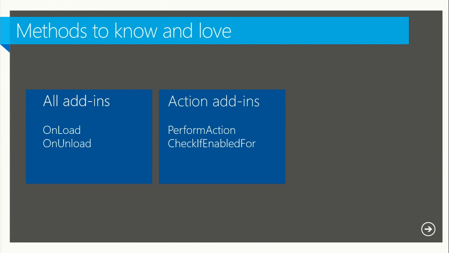The intent here is if you want your button to be active only for particular circumstances, you can use this method. An example is if you're a hardware vendor and you want your button to only show up when your hardware is what the user has selected, for example a Dell server or an HP server. You can use this CheckIfEnabledFor, and if you return true, we will show the button, and if you return false, we will gray it out.